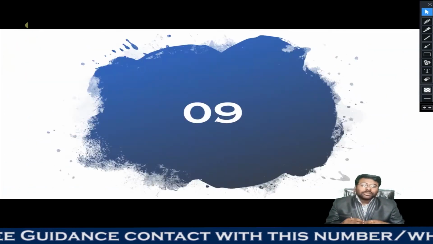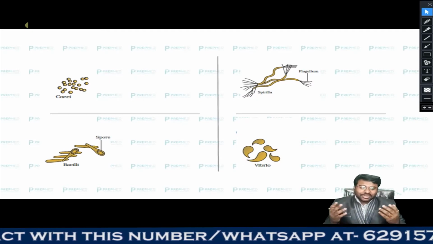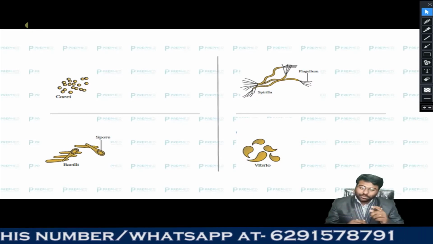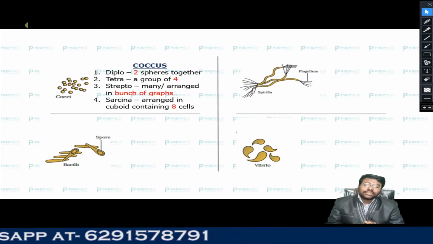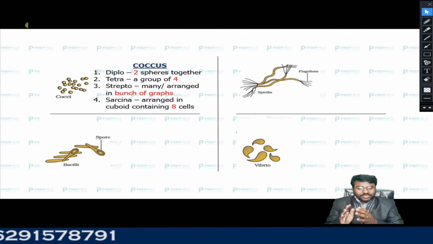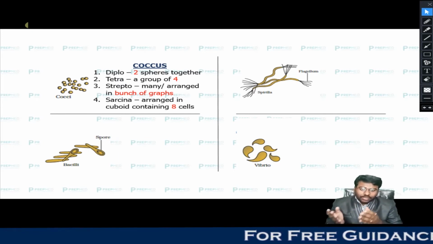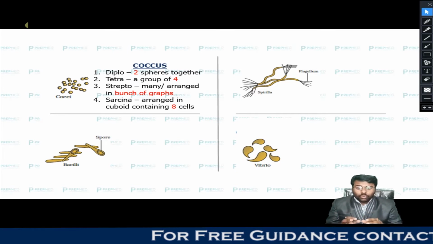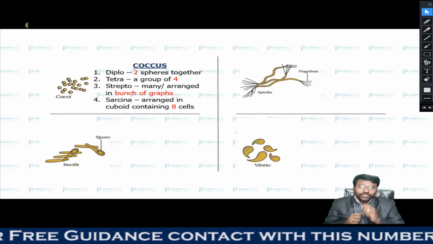Okay, coming to the 9th slide, where you can clearly notice there are some bacteria. It is very easy but also very important. First of all, the coccus part. The coccus may be of 4 types: Diplococcus, Tetracoccus, Streptococcus and Sarcina. Diplococcus is when two cocci or 2 spheres are together.